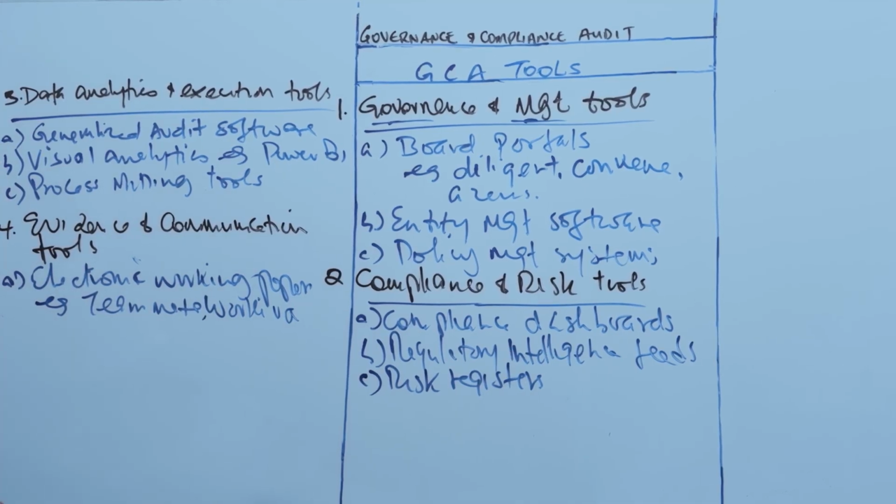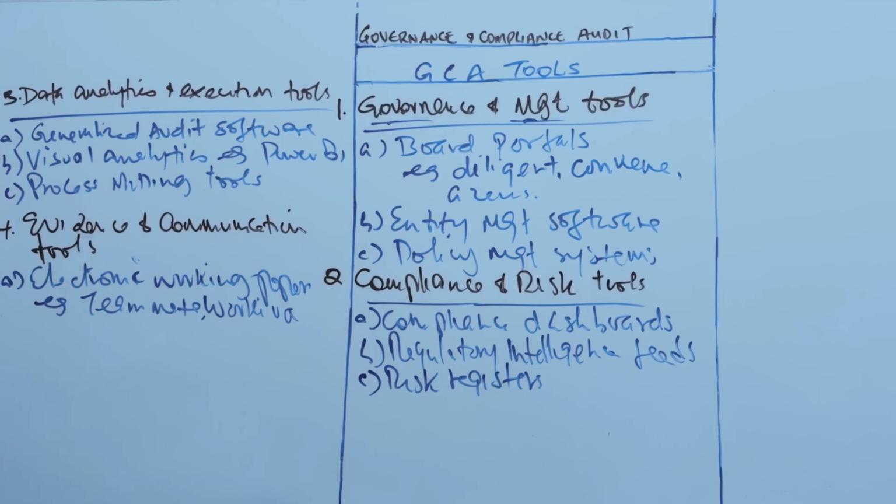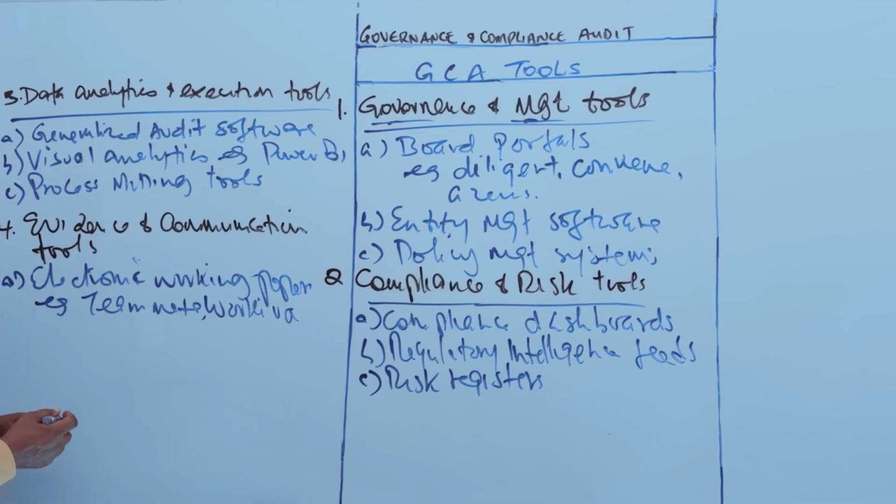These papers replace the physical folders. These electronic papers allow the audit team to document their tests, to attach evidence, and have their work reviewed and signed off digitally. That is one type of evidence and communication tool.